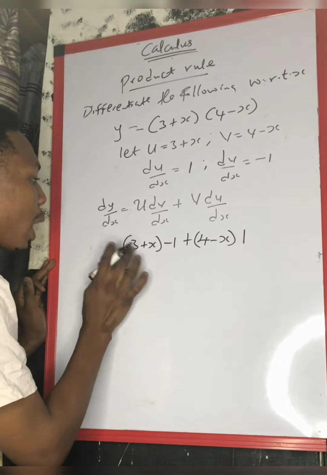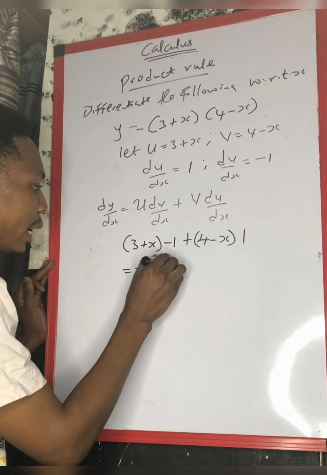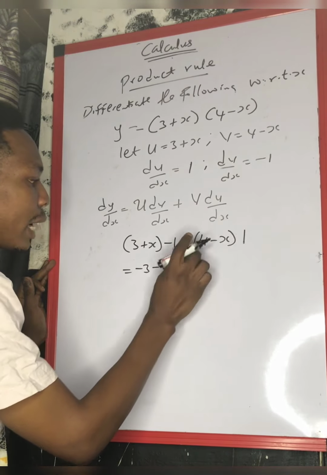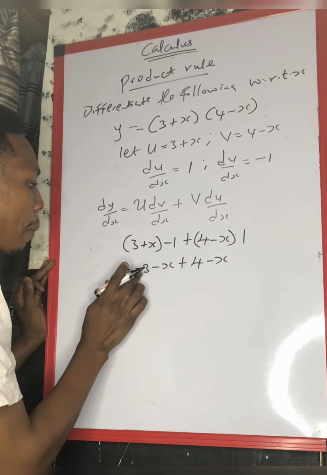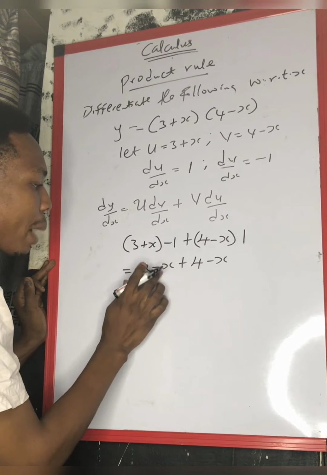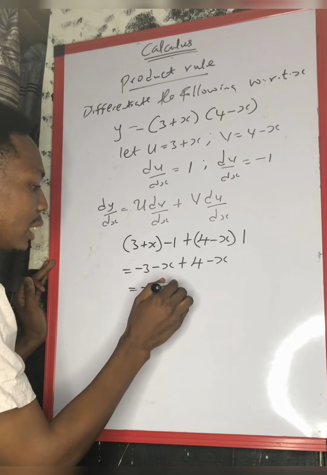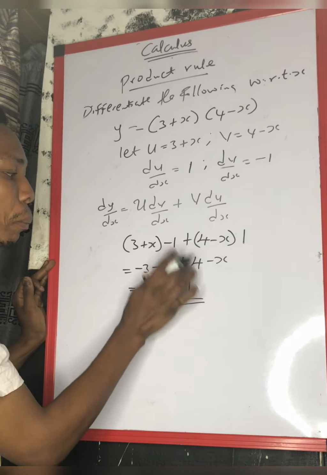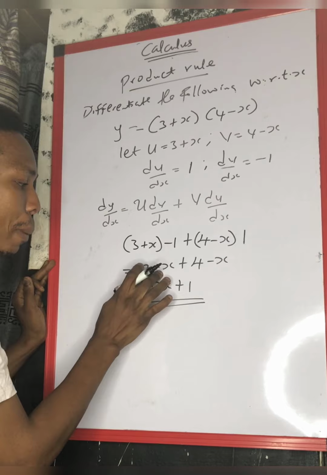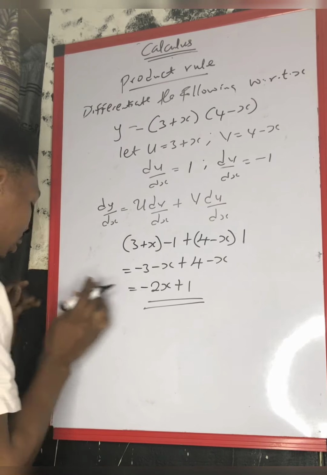From there, minus 1 times 3 is minus 3 minus x, then plus 4 times 1 is 4 minus x. Minus 3 plus 4 is 1, and minus x minus x is minus 2x. So the answer is 1 minus 2x.